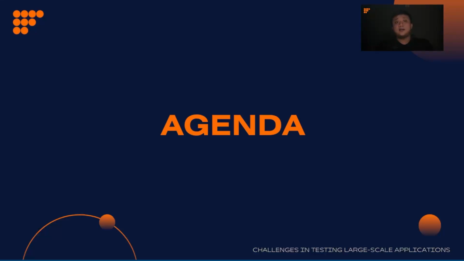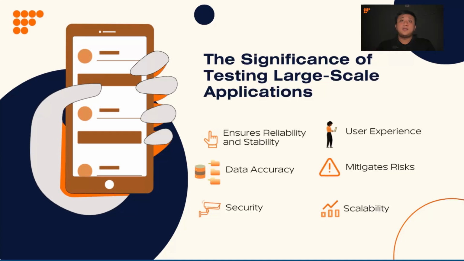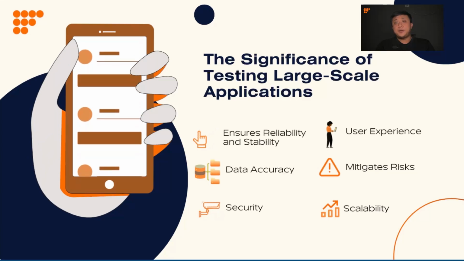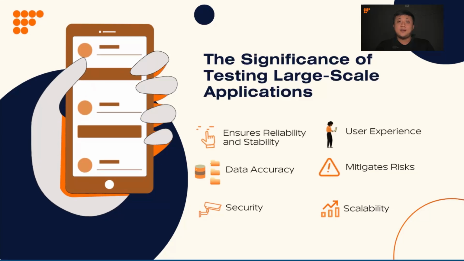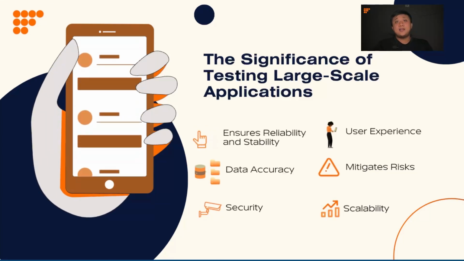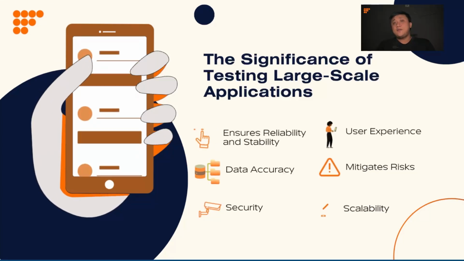Okay, so let's start. Testing large-scale applications is crucial for several reasons. It ensures that these apps can handle many users, maintain data accuracy, protect sensitive information, and provide a smooth user experience. If a large app fails, it can impact many users, so our role as QA professionals is vital.